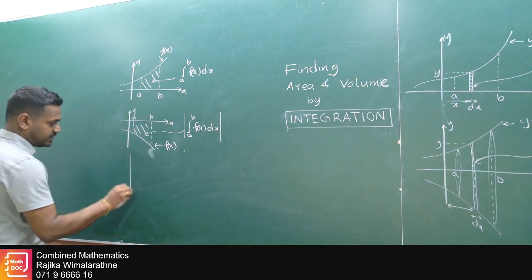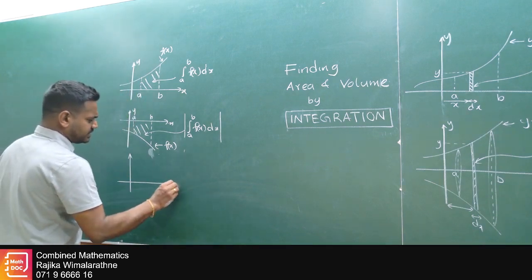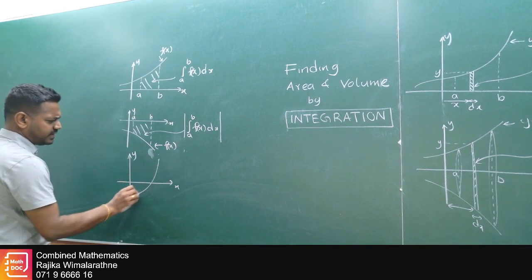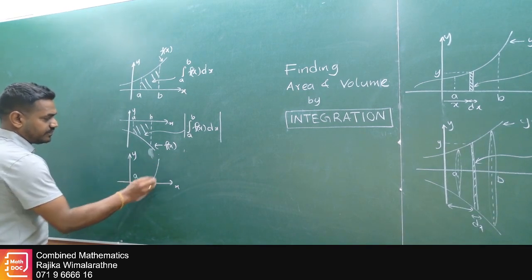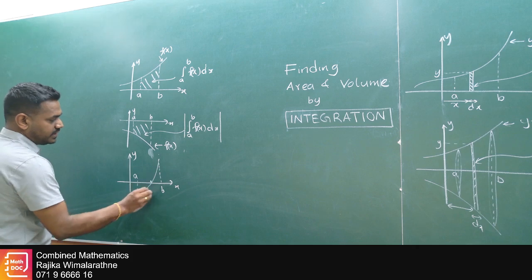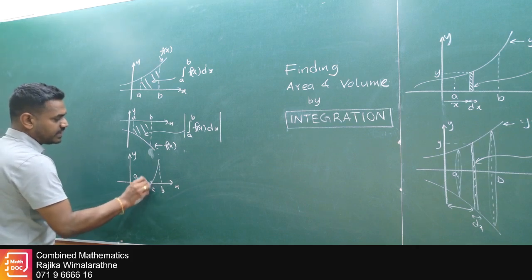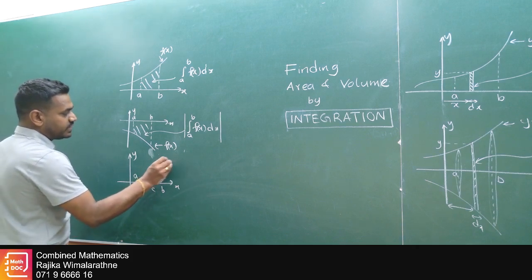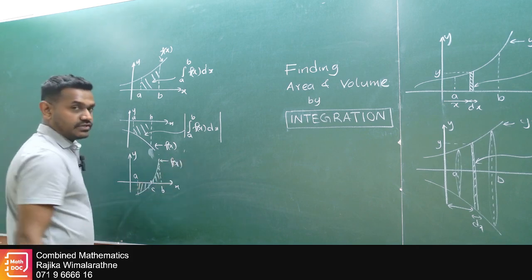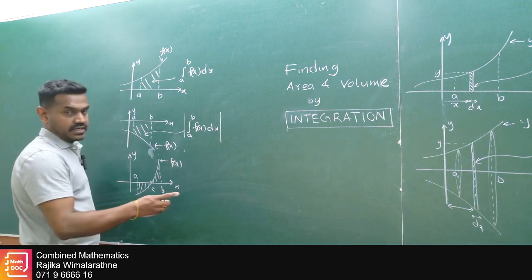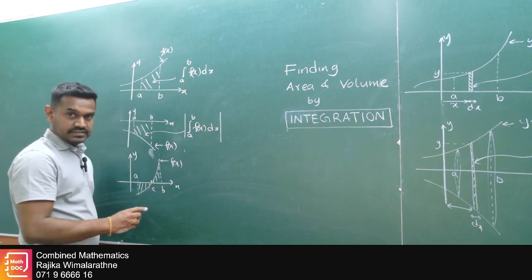So if you consider a relation like this, take this function, here A and here B, let's say here C. If you need to find this area, then for the same function f(x), you need to integrate separately for different regions.